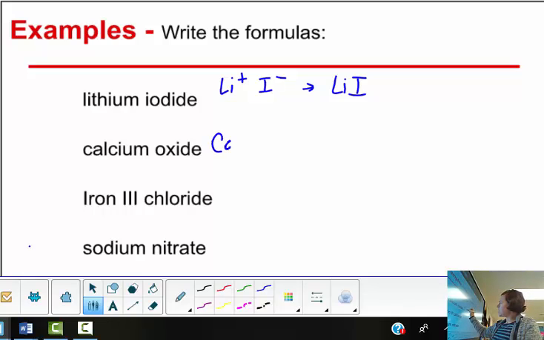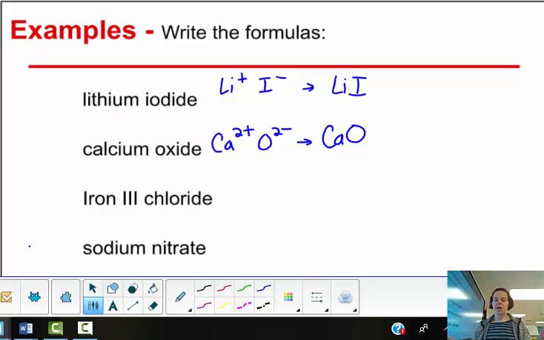Okay, calcium oxide. Calcium is Ca2+. Oxide is O2-. You can be pausing as we go here to find these yourself. Okay, 2+ 2-, cancel out, right? And you always are going to write it in the lowest possible form, so CaO. If you do the charge flip trick, you'd get Ca2 and O2, but then you would simplify, you wouldn't write Ca2O2, you'd just write CaO.